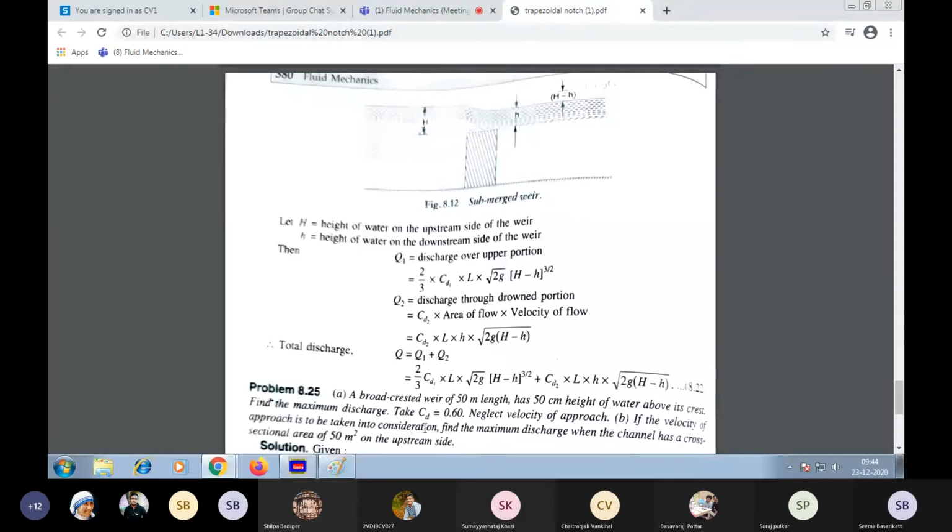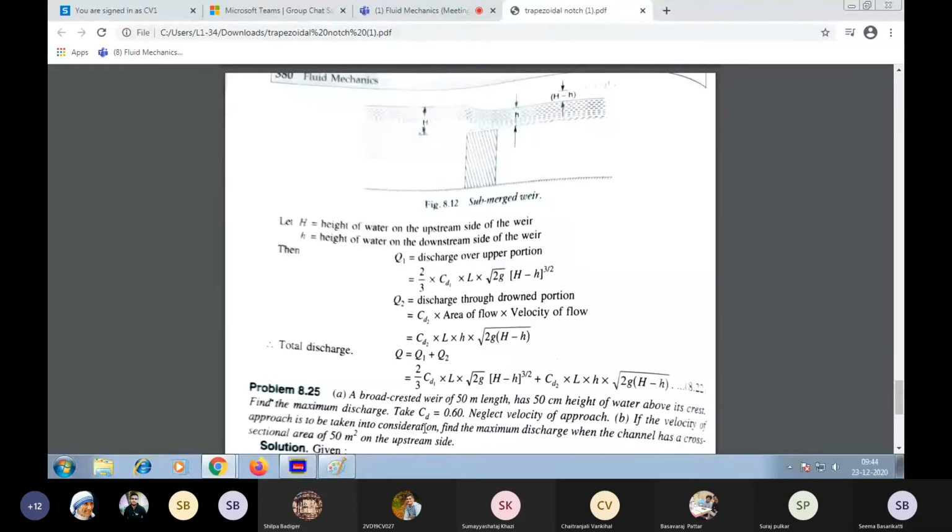Full point. Find the maximum discharge. Take CD equal to 0.60. Neglect velocity of approach.